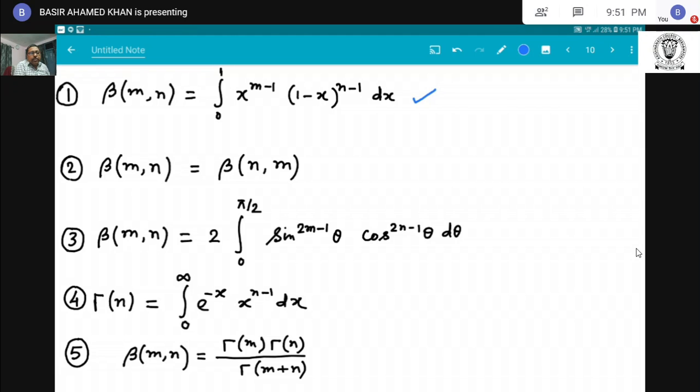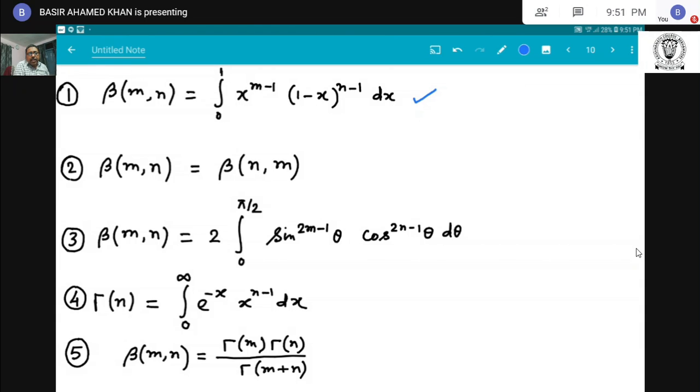The second equation is beta mn equal to beta nm. That means if I interchange n and m, the value will be the same. The third equation is another form of beta function, which is represented by polar coordinate.